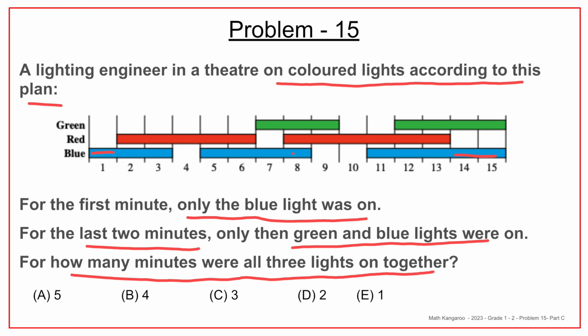So we see where all 3 lines are together. So this is the one. So this is 1. And then we see 1 more. And then we see 1 more. So total 1, 2, 3. So our answer is option C. 3 minutes, where all three lights were on together.